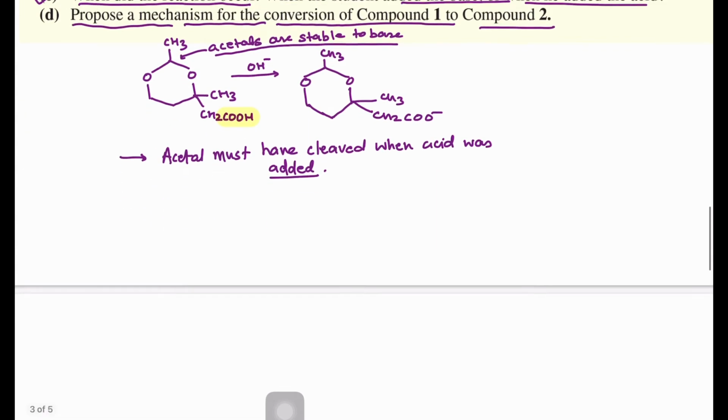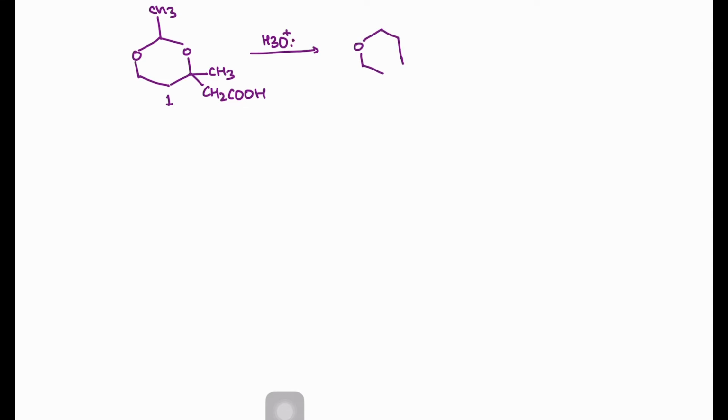Okay, so let's see. We'll draw both the molecules now. First we have this one, CH3O, methyl, and CH2COOH. This is 1, and that is going to convert into this molecule when we add the acid, basically.